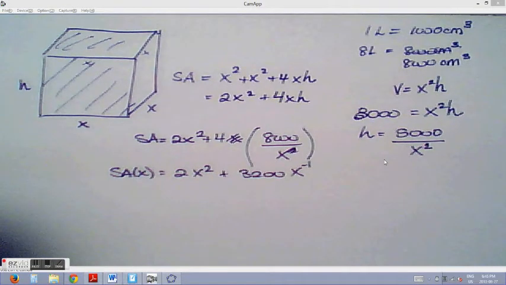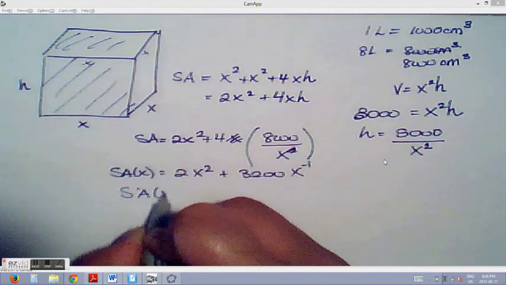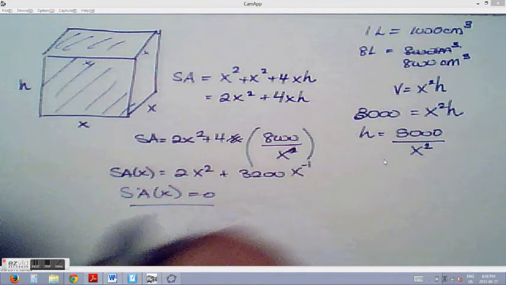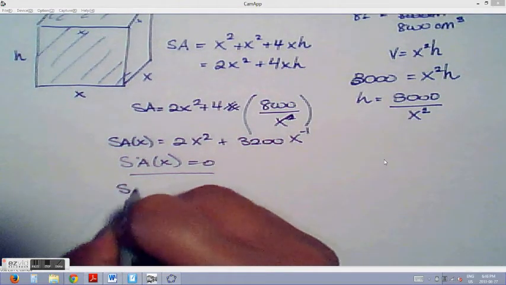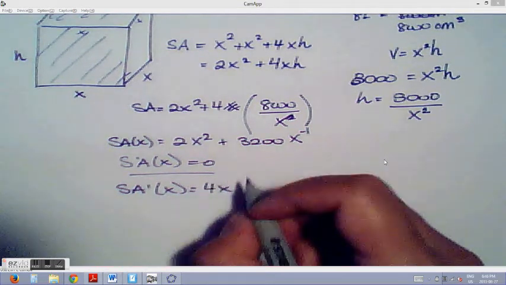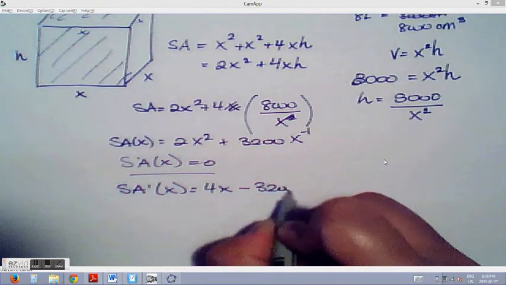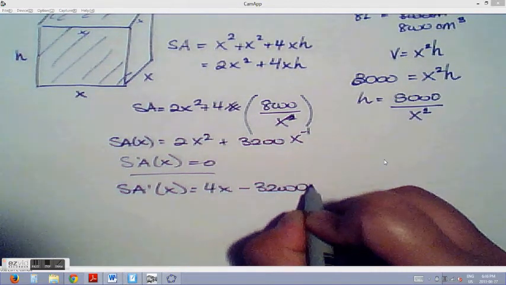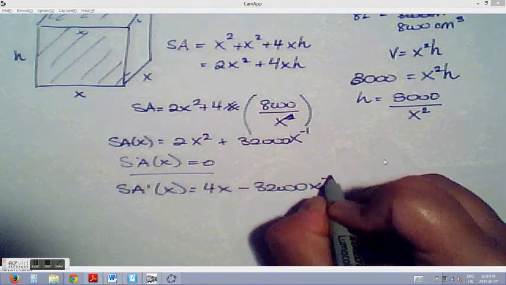Okay, so I want to minimize the amount of cardboard, so I want to minimize the surface area. So what I'm looking for is the minimum, so take the derivative. 4x minus 32,000, my goodness, x to the negative 2.